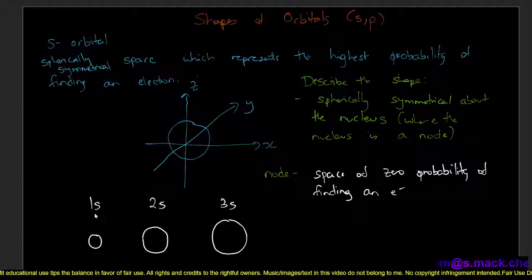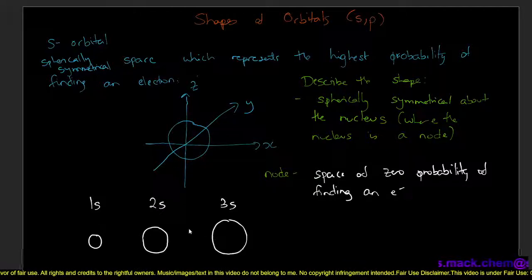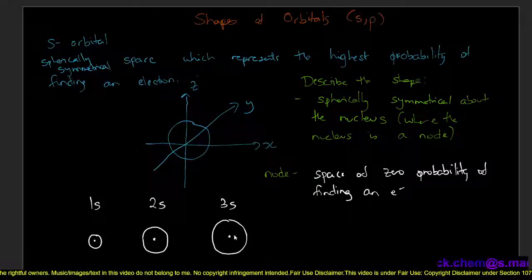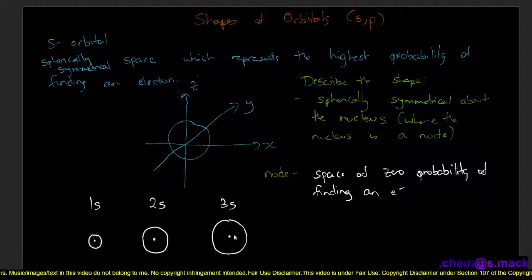Of course, in our 3s orbitals, we're seeing a larger volume of space where we have a higher probability of finding our electron. But remember that at the center of our orbitals, we would find the nucleus, where the nucleus is a node, which is a zero probability of finding the electron.